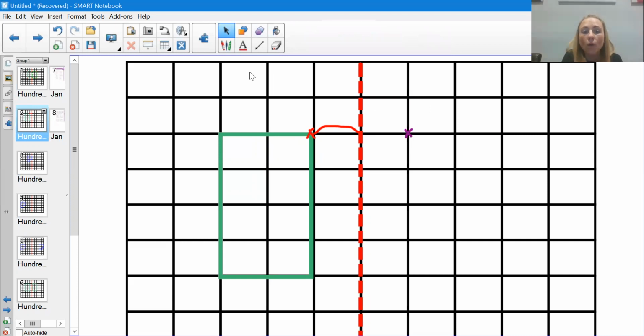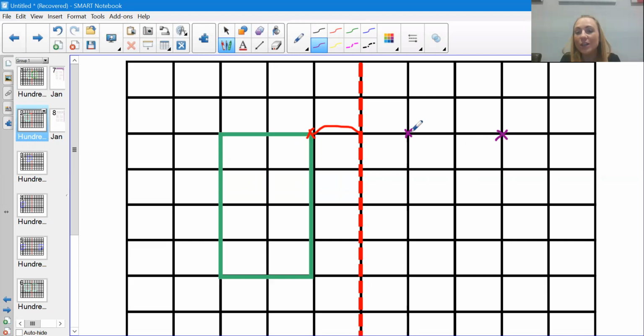And then I'll look at my next point, this one over here, and that's 1, 2, 3 away from the mirror line. So I'll just pop that there. Okay, and again, you can now see that I can draw that first line.